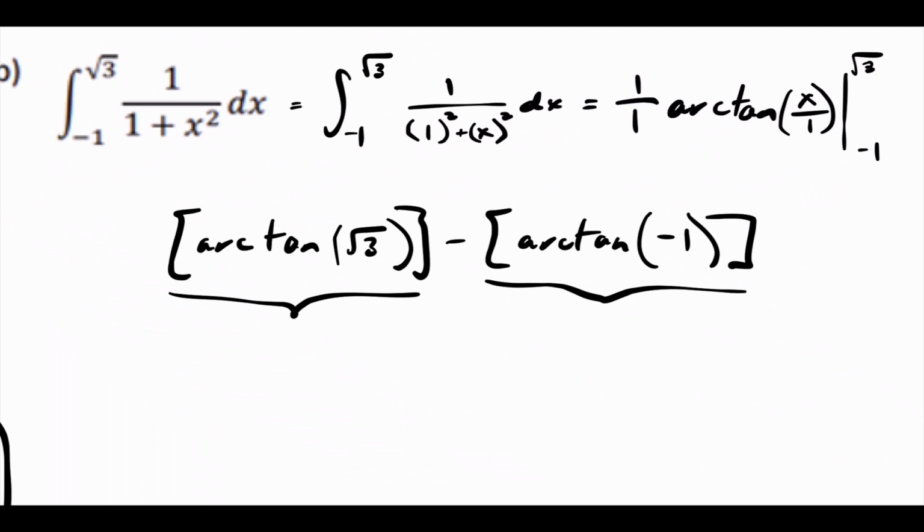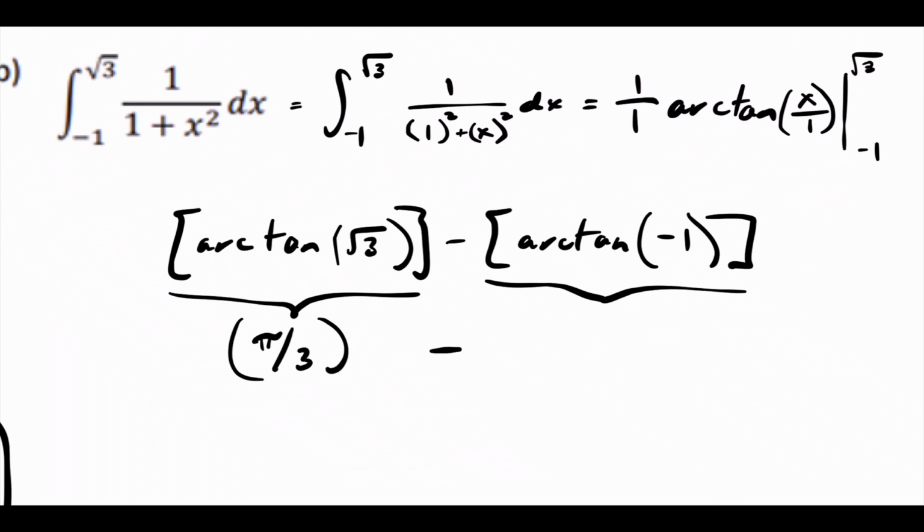So we go to our sheets and we say, where is tangent the square root of 3? What's the first place it is? Pi over 3. So that's the one we're going to use. Like I said, if there's multiple ones, just use the first one. Pi over 3.